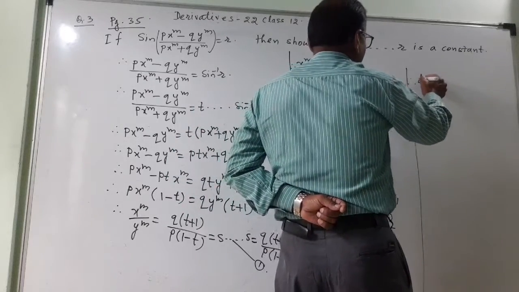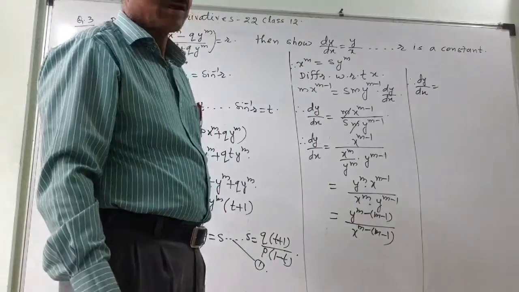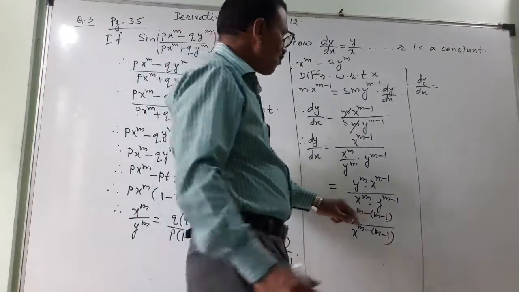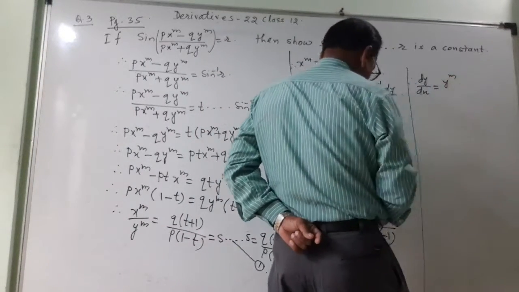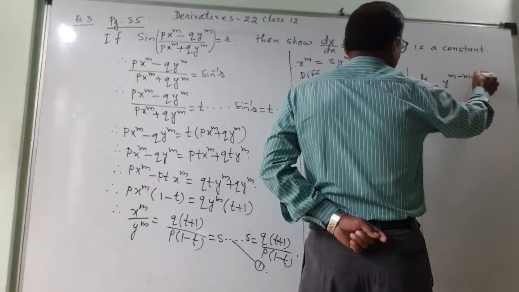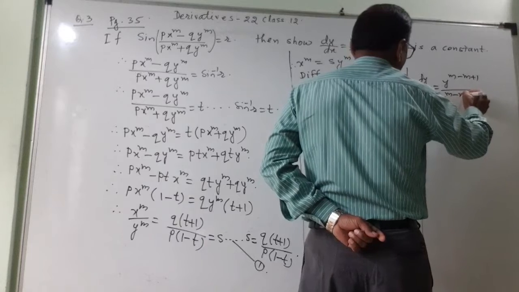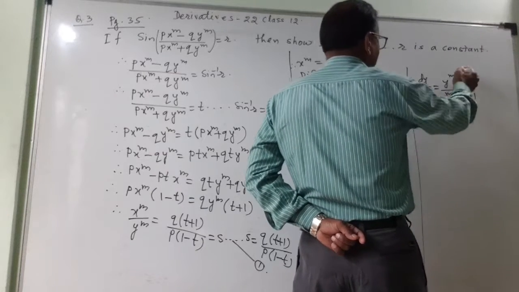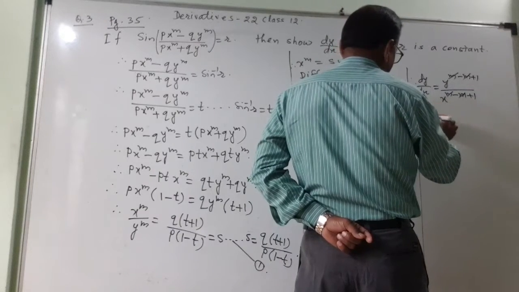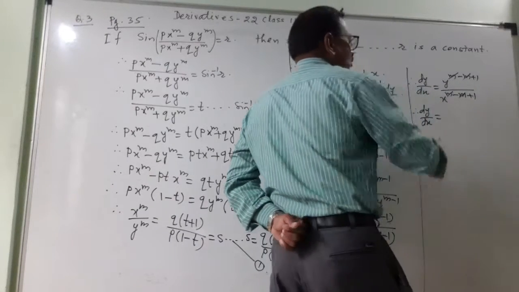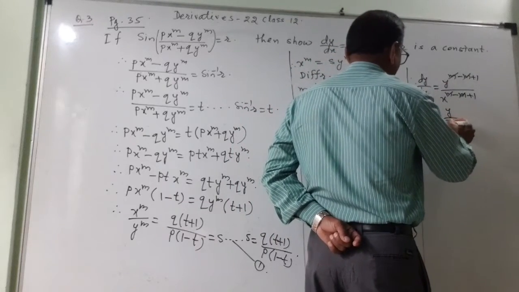Therefore, dy by dx is equal to y^(m − m + 1) upon x^(m − m + 1). This gets cancelled. Therefore, dy by dx is equal to y^1 upon x^1, that is nothing but y upon x. Hence proved.